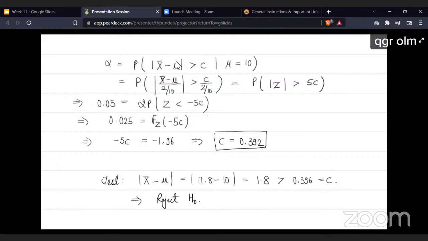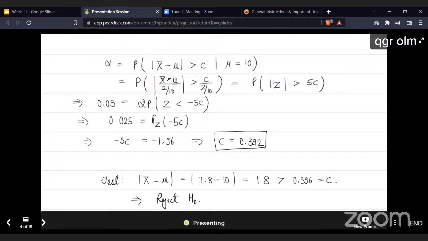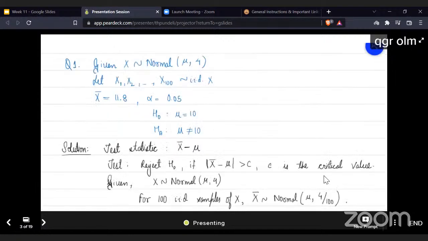After this, we will try to normalize this random variable, right? To normalize it, we already have X bar minus mu, and in the denominator we need the standard deviation of X bar. In the last line, we know that the variance of X bar was 4/100, so the standard deviation is going to be 2/10.